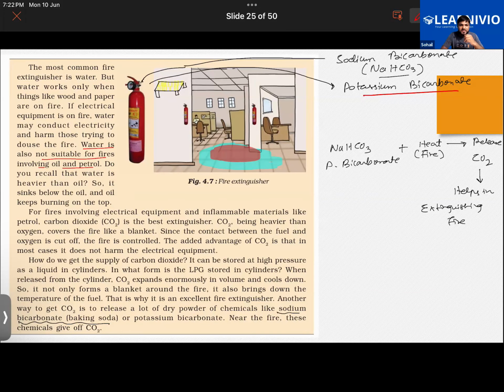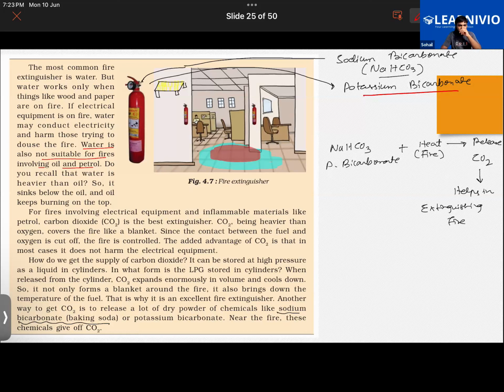Yes, Santosh. Sand. You can use sand or soil to extinguish the fire caused by oil.